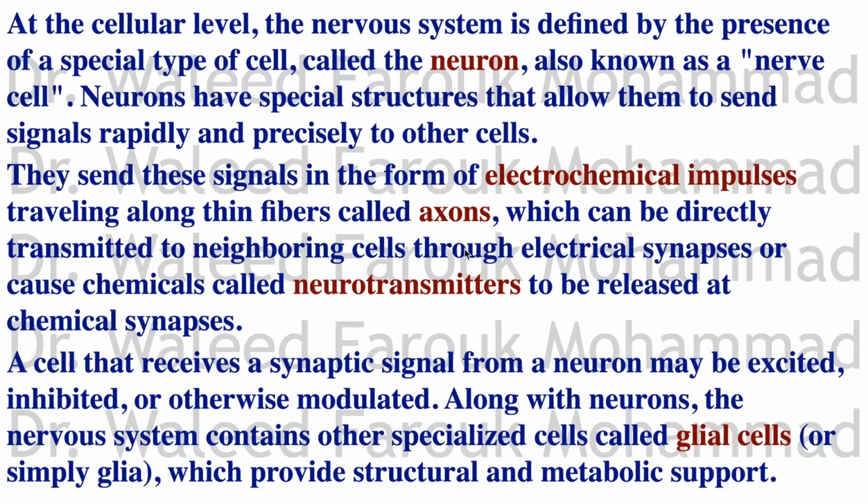At the cellular level, the nervous system is composed of neurons and neuroglia. The neurons are the electrical cells that originate or receive electrochemical impulses and send them through fibers called axons, and communicate with each other through either electrical synapses or chemical synapses.